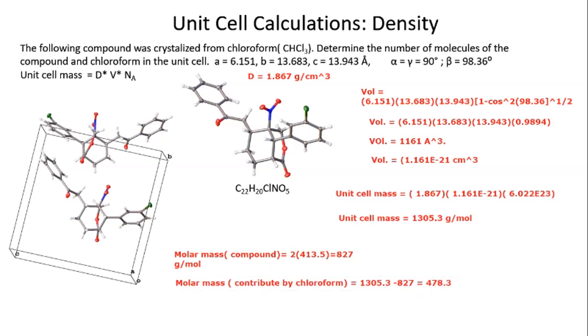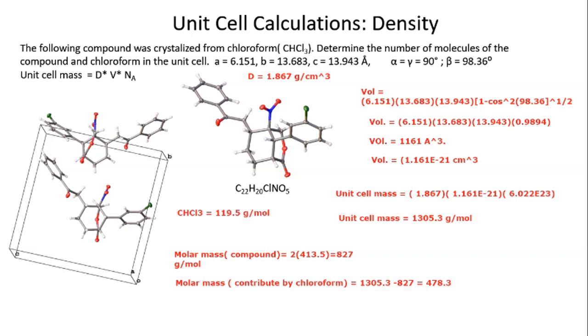And remember, chloroform's formula is CHCl3. So the molar mass of one chloroform is 119.5 grams per mole.